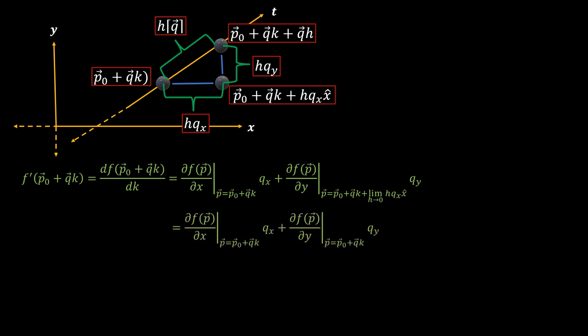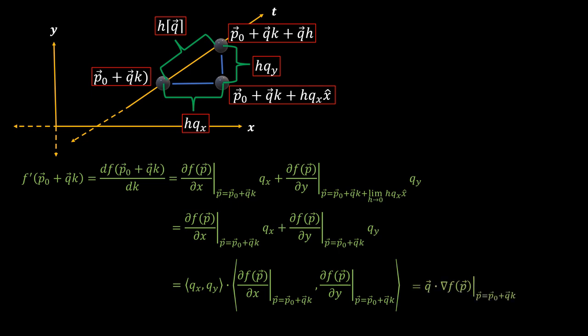Then we can actually replace that limit as h approaches 0 of hq x bar, x hat, with a 0, because as h approaches 0, that term right there approaches 0 too. And then we could think of this in terms of the dot product of these two vectors.